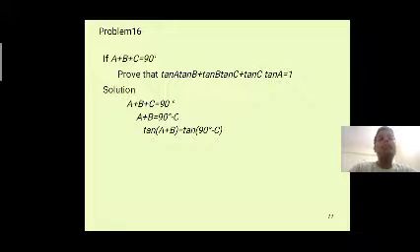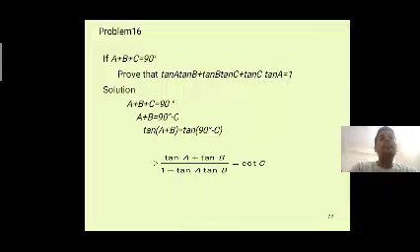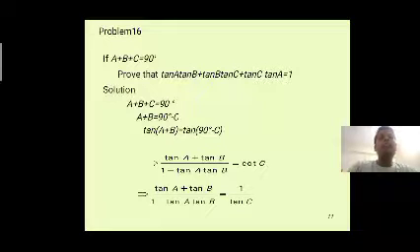Now applying tan on both sides, we get tan of a plus b equal to tan of 90 minus c. Now apply the tan of a plus b formula: tan a plus tan b divided by 1 minus tan a into tan b equal to tan of 90 minus c, which is cot c. The next step we write tan a plus tan b divided by 1 minus tan a into tan b equal to the opposite function of cot c, we write 1 by tan c.